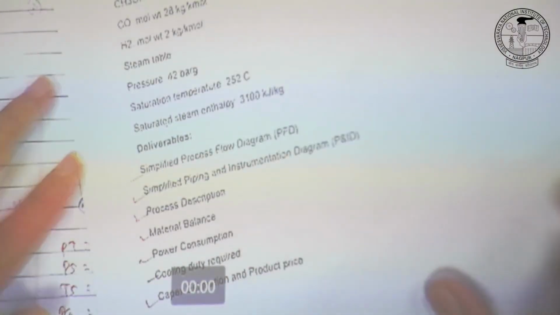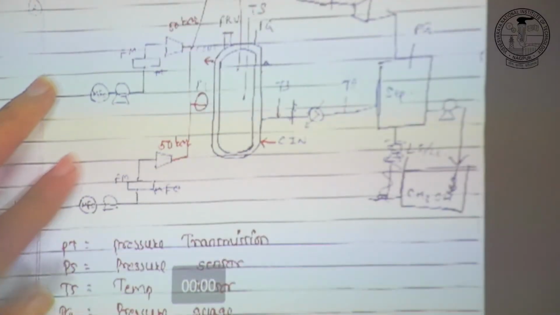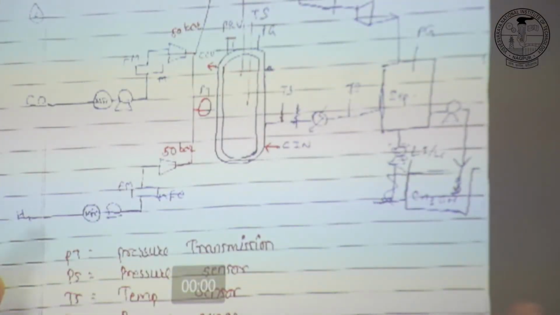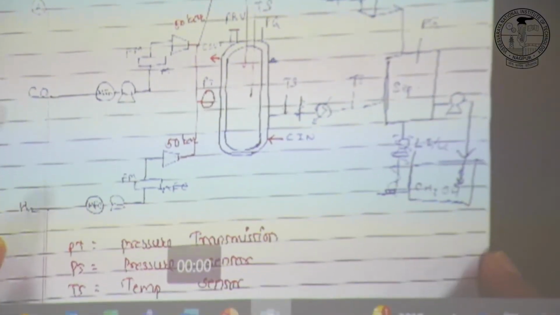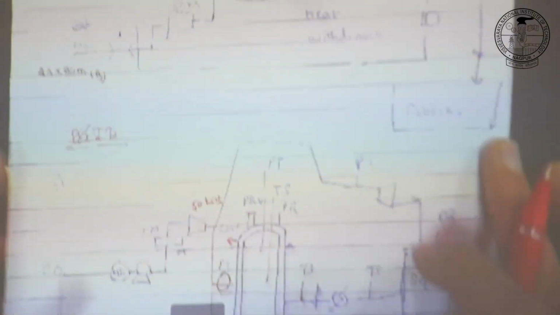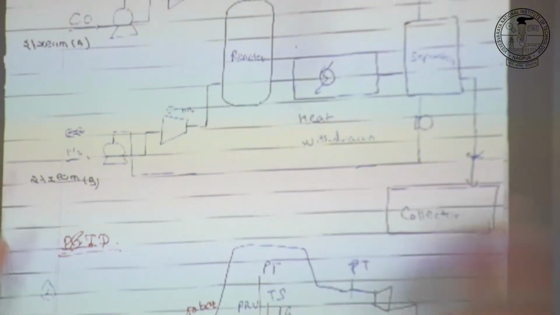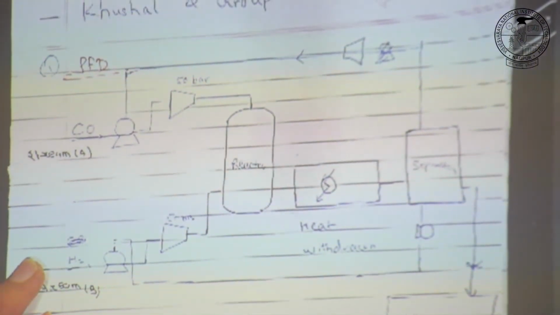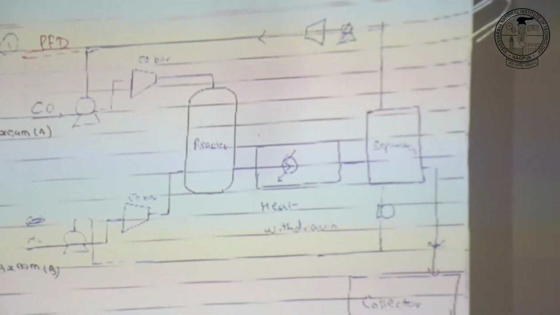And lastly, we will estimate the capex for the plant, the operating expenditure and the product price. So this is the first PFD, the first point to be evaluated.